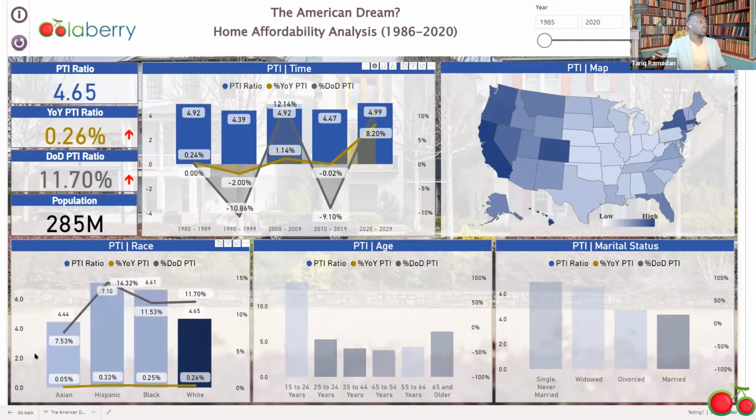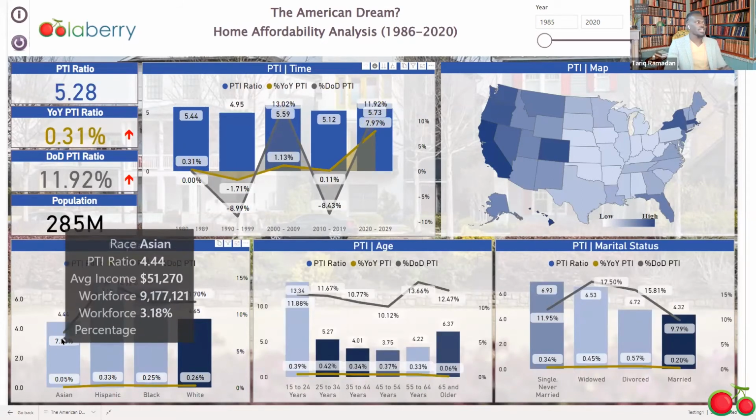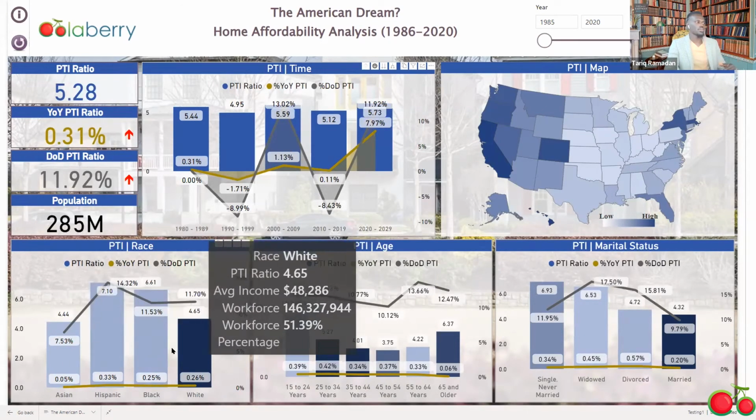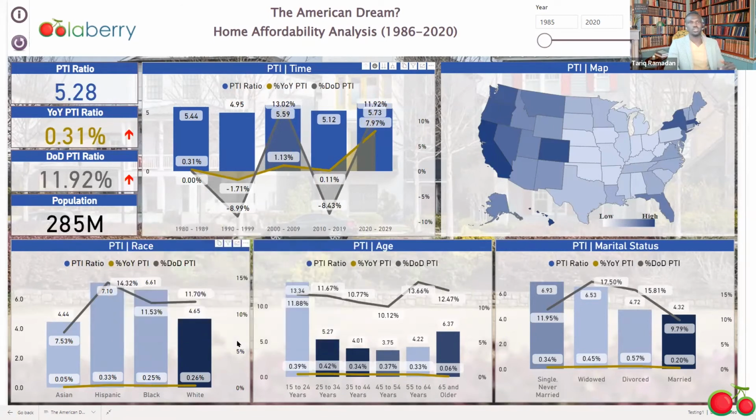Also, decade over decade, the Asian race have seen the lowest rise in their price to income ratio, at single digits, while every other race have seen double digit rises in their price to income ratio.